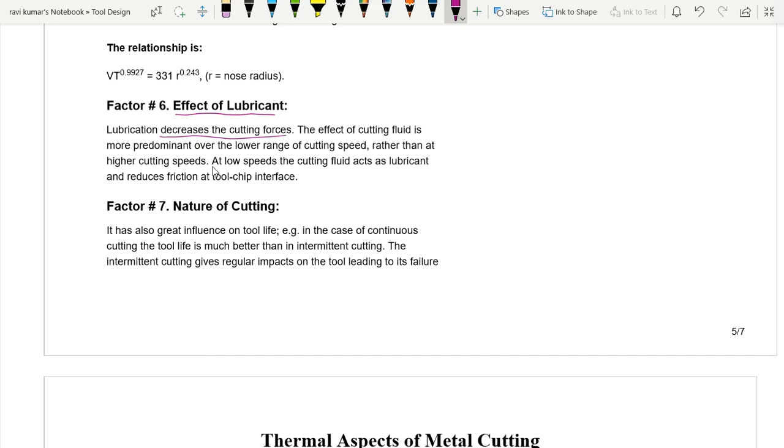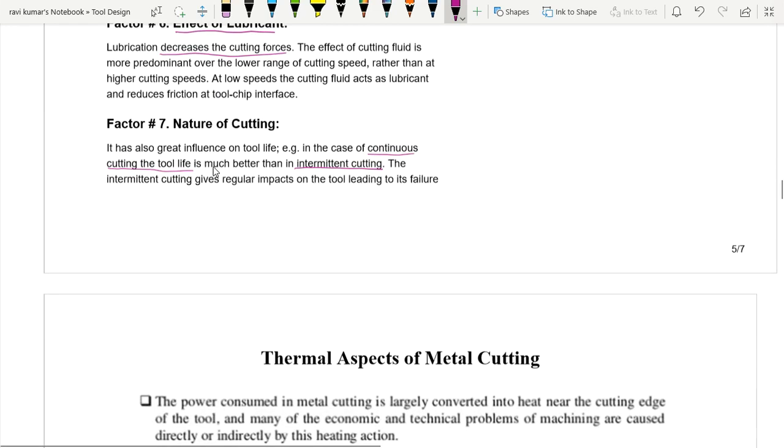Similarly, if I have an intermittent cutting, there is a possibility that the tool is going to prematurely fail on account of impact loads compared with continuous cutting, right? So these are some of the aspects related to tool wear and tool life.